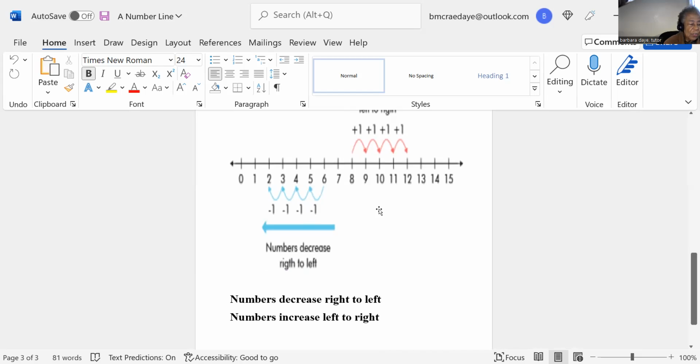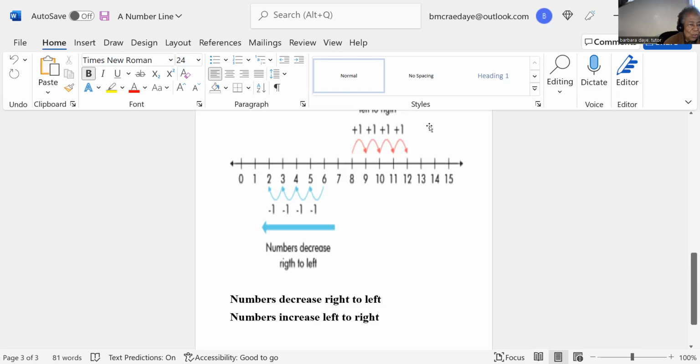Suppose you go from a 2 to a 14 on this number line. How many places did you move? From 2 to 14. Let me see. That's 1, 2, 3, 4. You don't have to count them. You just subtract.